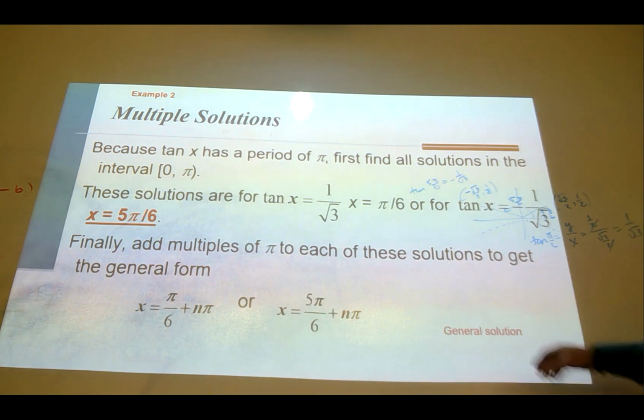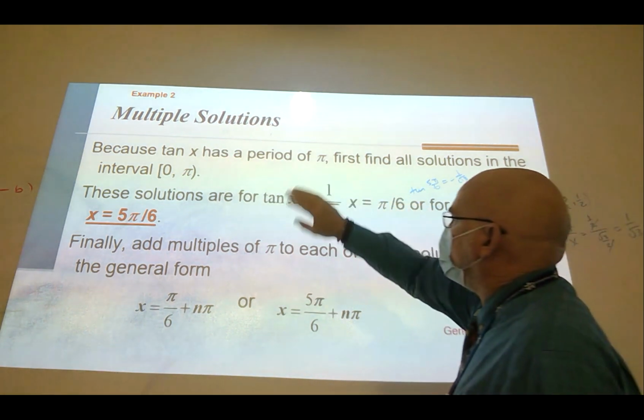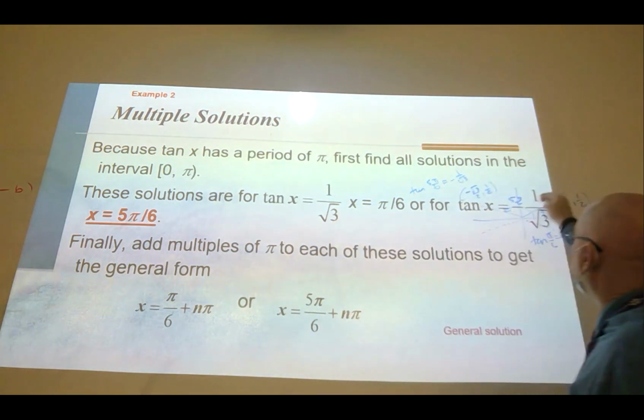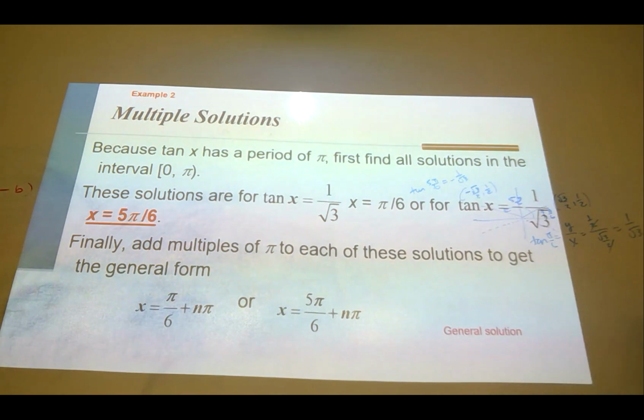So again, let me refresh this. We figured out that tangent of x is equal to either 1 over the square root of 3 or negative 1 over the square root of 3. That happens at pi over 6, because tangent of pi over 6 is 1 over the square root of 3. You could use your cheat sheet from last chapter to look up tangent of pi over 6, if you need help with that.